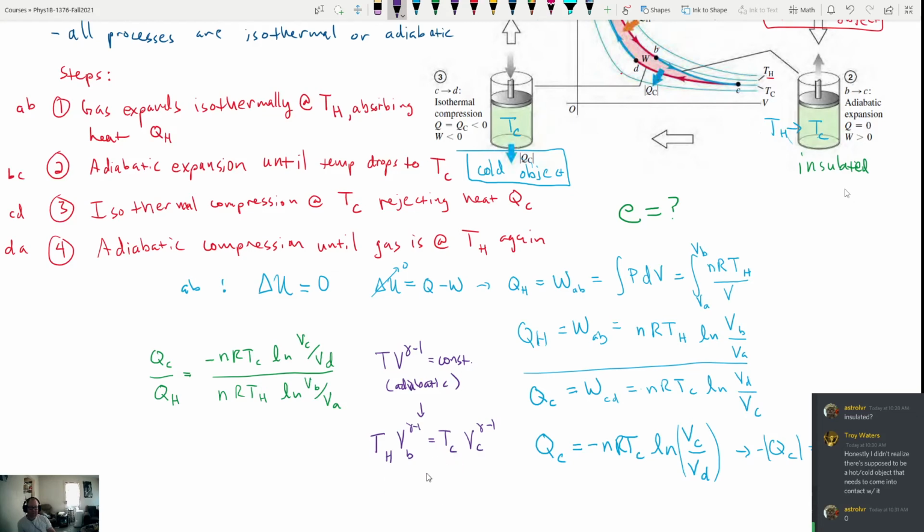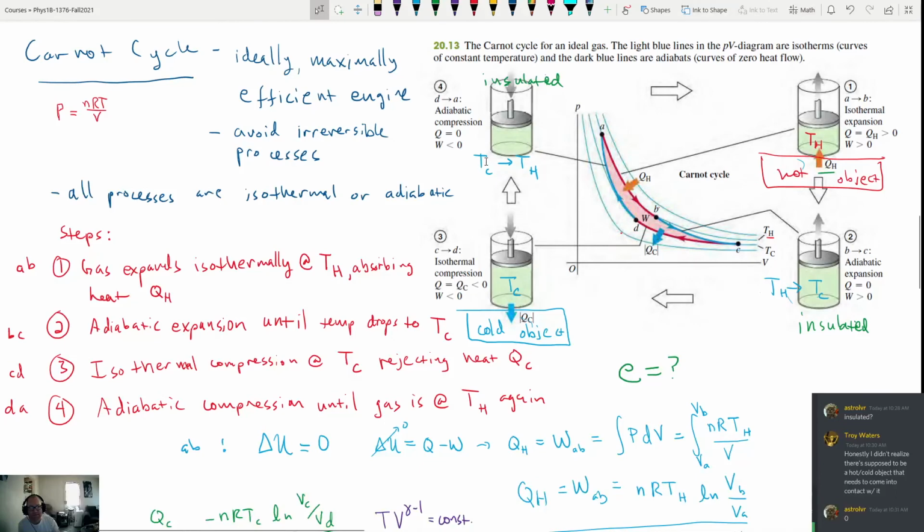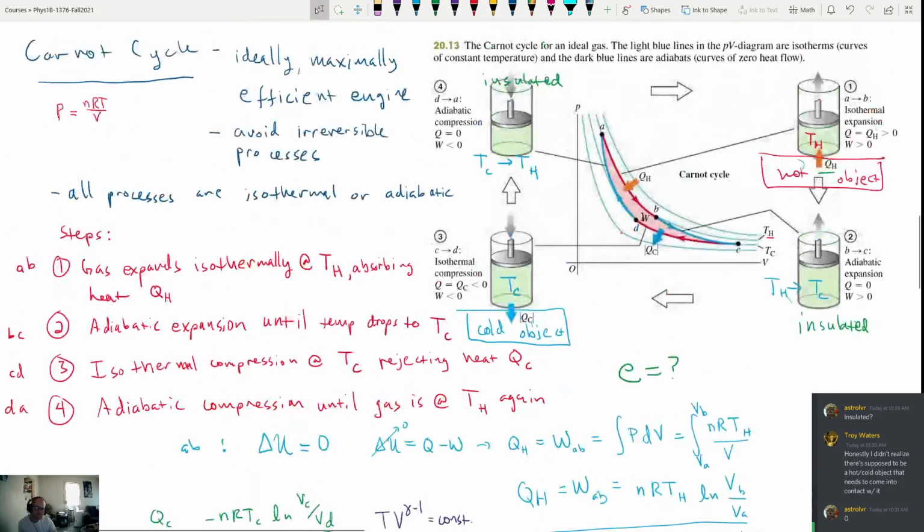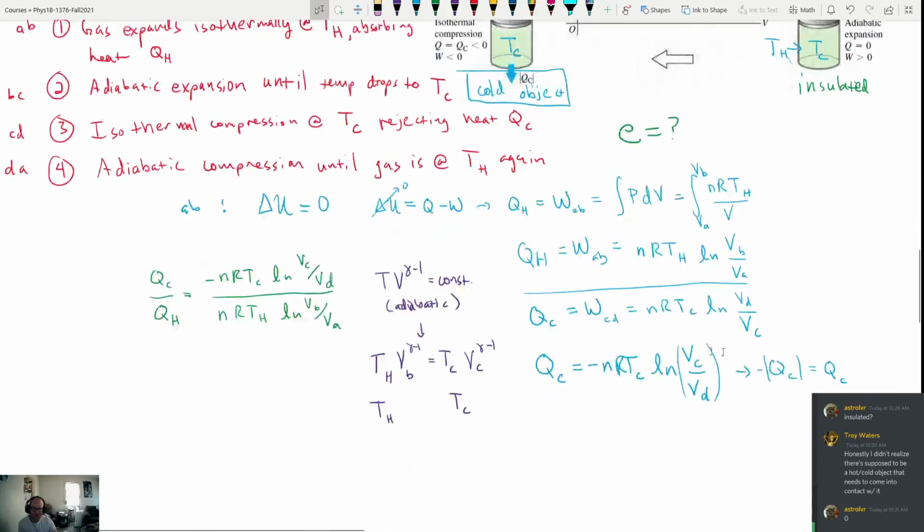So that was correct. And then we can do the exact same thing for the other step, which is from TC to TH and D to A. So we go from TC to TH, and temperature cold is D, I think. Yeah, D is on the cold isotherm, and then A is on the hot isotherm.